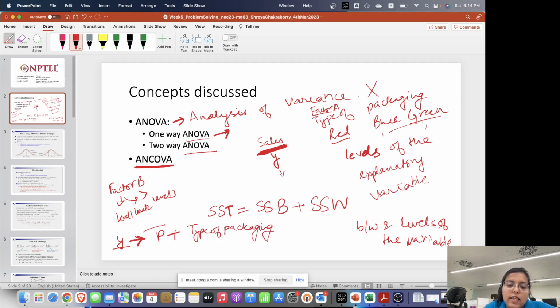Then this term becomes the covariate in the model, and thus we have an ANCOVA analysis where we'll have some factors with some levels, which can be categorized into different levels, and also a covariate or a continuous type of variable. These kinds of study designs are usually tackled by ANCOVA. Is it clear?